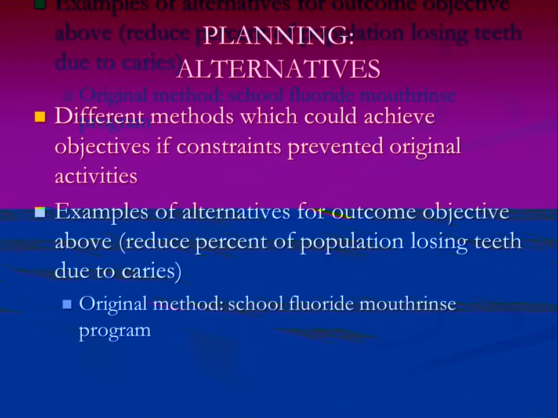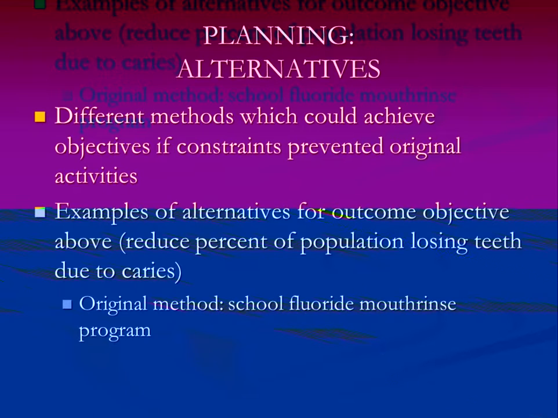So remember, our objective was to decrease the tooth loss in Toothtown as a result of decay. So we would have to think about our original method, what we really wanted to do. Let's say our original method was that we wanted, as a health department, to hire a dental hygienist.